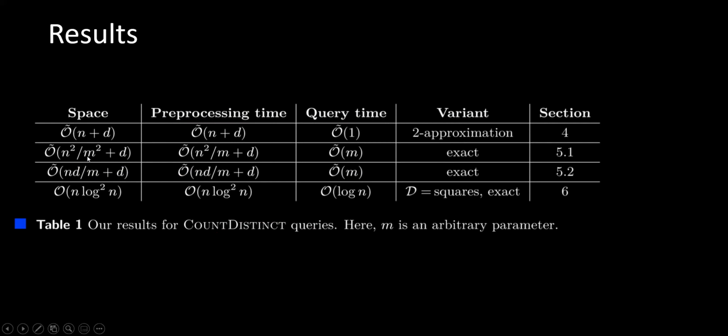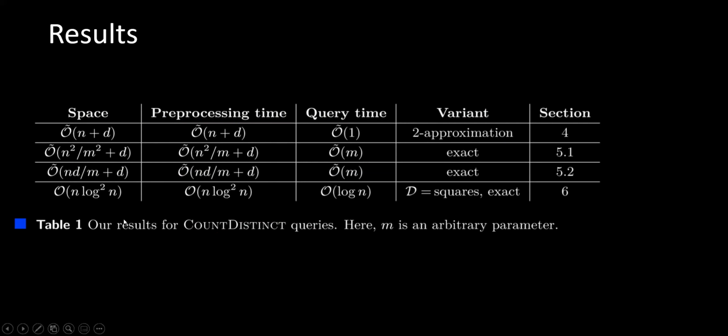For example, if we fixed M as the square root of N, we would get the same space as in the first row, preprocessing time the same as the first row, and query time square root of N. So every time we got a query, we would answer it in roughly square root of N time. But we can fix any parameter here, and we would get a different performance trade-off.